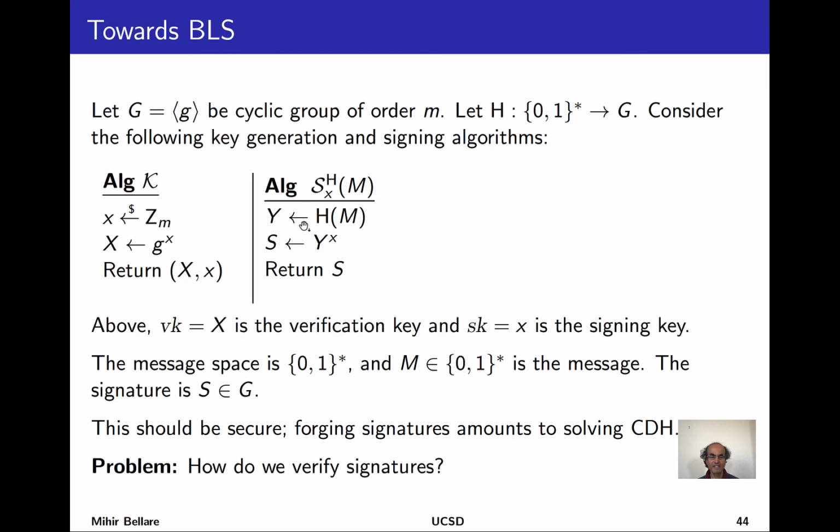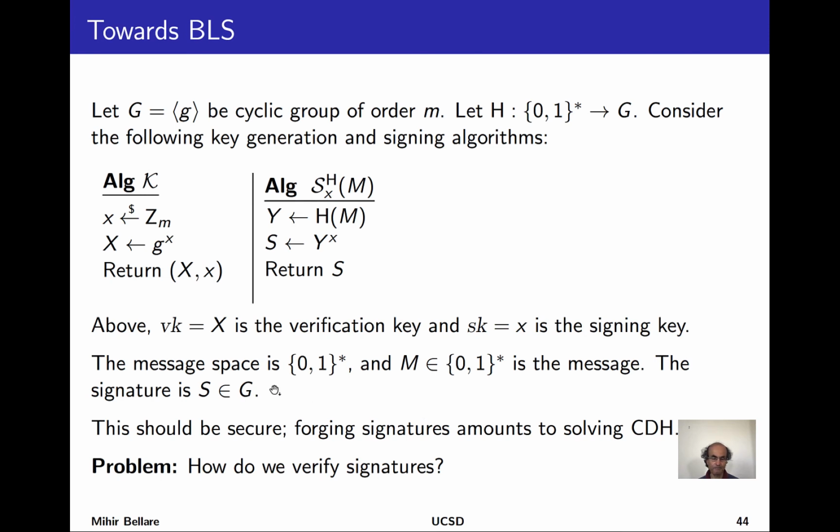Because solving CDH for that big X and big Y of that form is exactly saying compute big Y to the little x. Now, of course, you have to simulate signing queries and all that, but that's all plausible and possible, just like we've seen before. And so I think this should work. And effectively, in some sense, it's right.